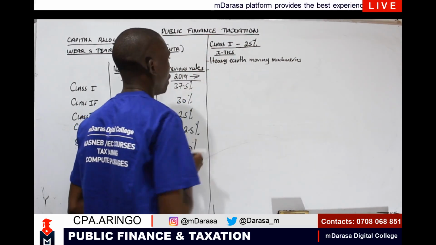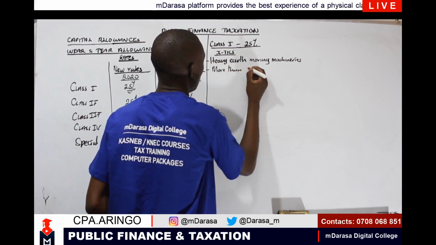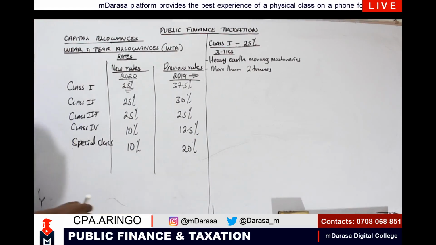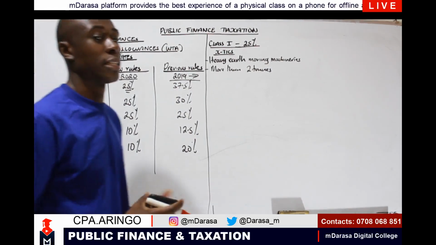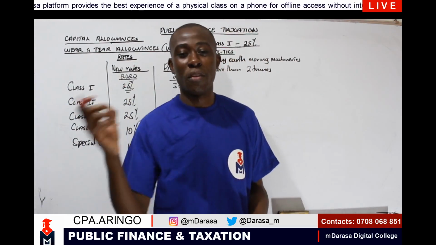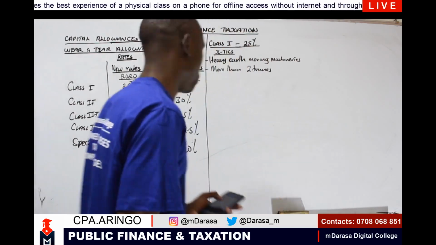Dash 2, they should be more than 2 tons. These are the main characteristics of class 1 items: heavy earth moving machineries and equipments, and also more than 2 tons.